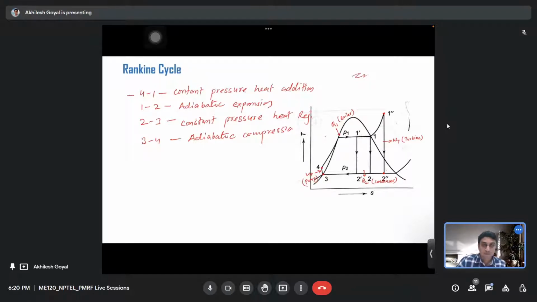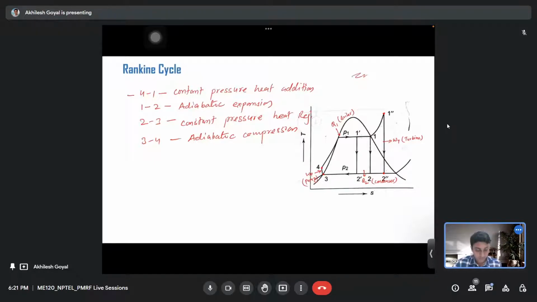Okay, so if all these four processes are considered as ideal reversible processes, and these are constant pressure heat addition and heat rejection, and adiabatic expansion and compression, then this whole cycle is called the Rankine cycle. Okay, so the Rankine cycle is an ideal reversible cycle which consists of two constant pressure heat addition and heat rejection processes and two adiabatic expansion and compression processes.